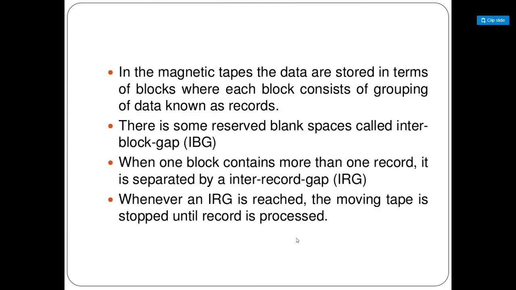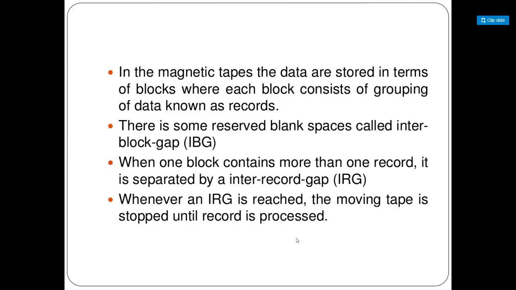In magnetic tapes, data are stored in terms of blocks, where each block consists of a grouping of data known as records, and in between these records we have something called an interblock gap. Inside one block there are a few inter-record gaps and the record that we need to read or write.